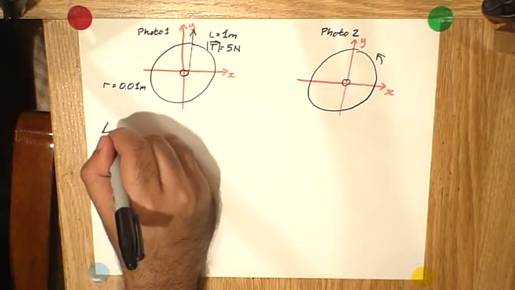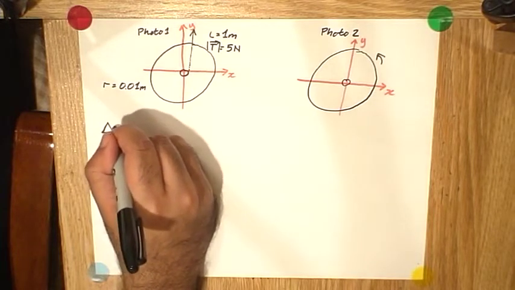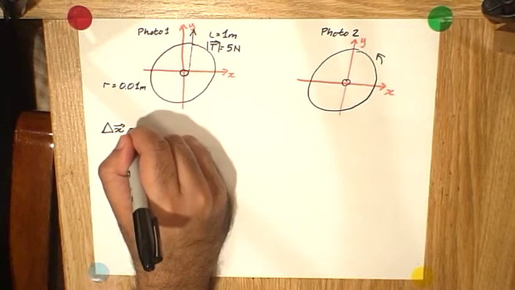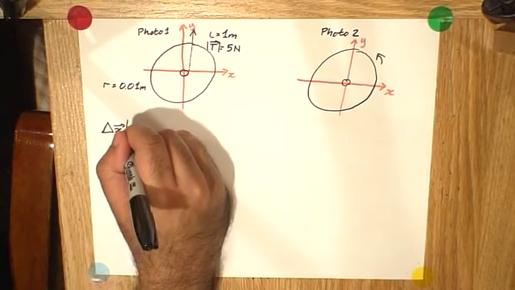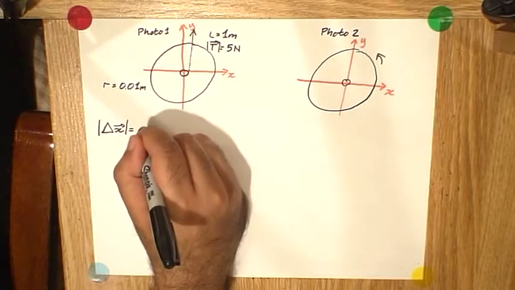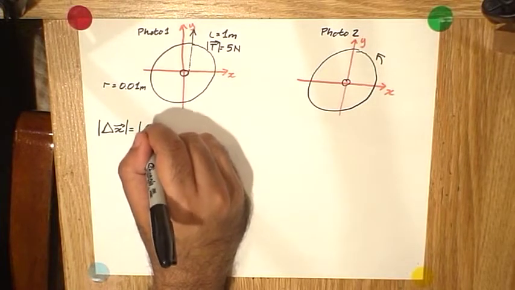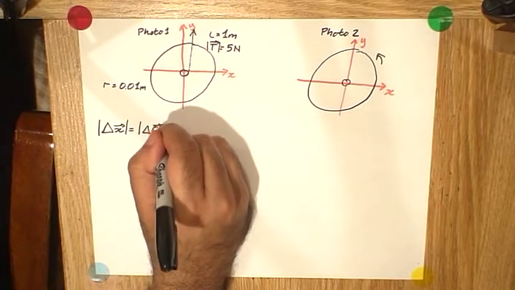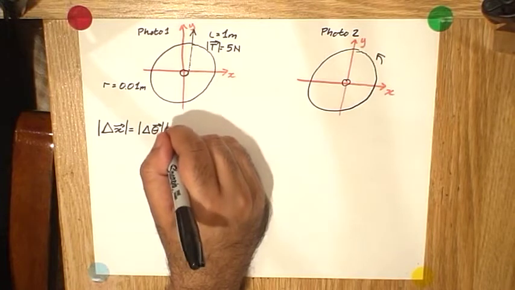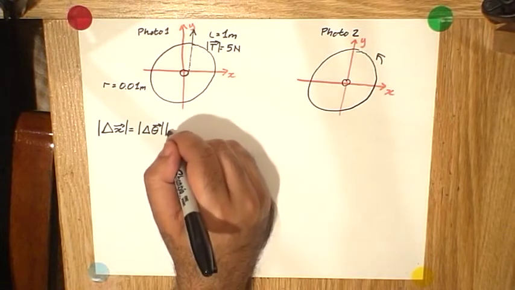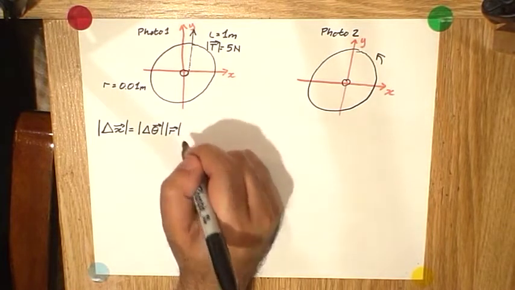The linear distance traveled by the shaft is going to be equal to the angular displacement multiplied by the radius.